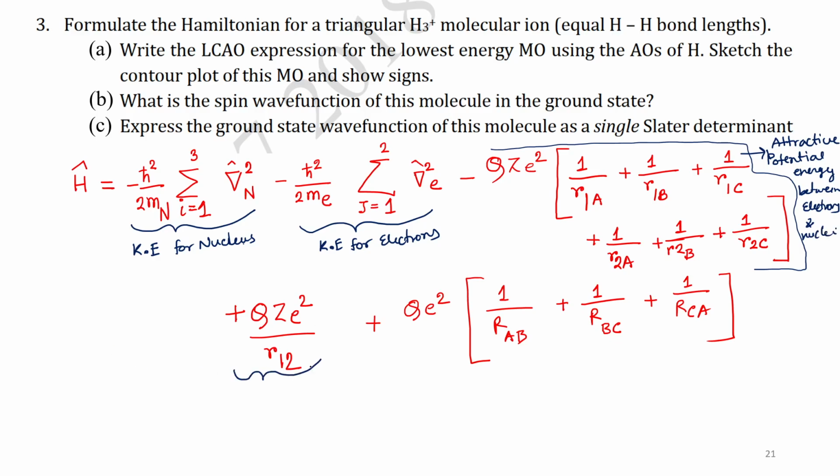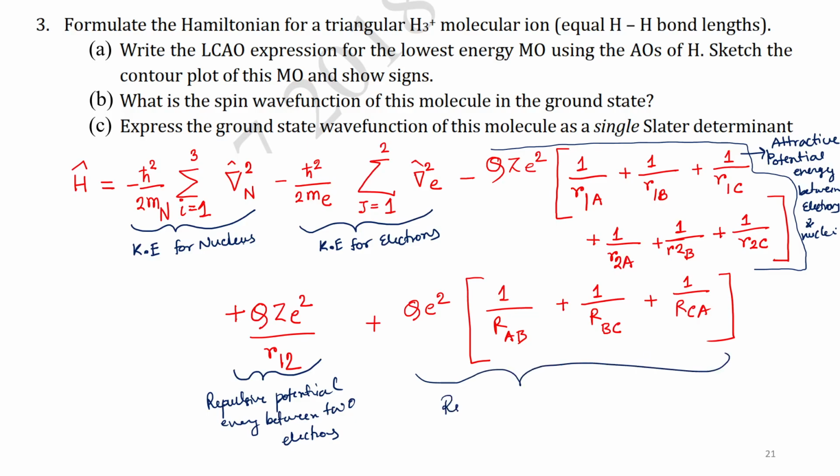This is the repulsive potential energy between two electrons. That is why. And this is the potential in the nuclei.